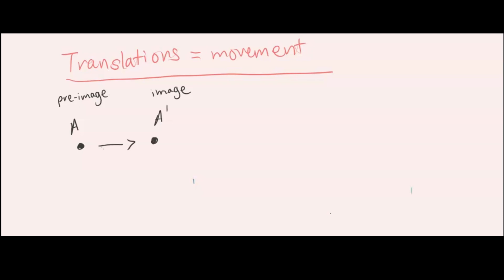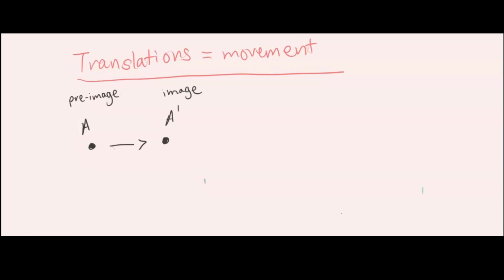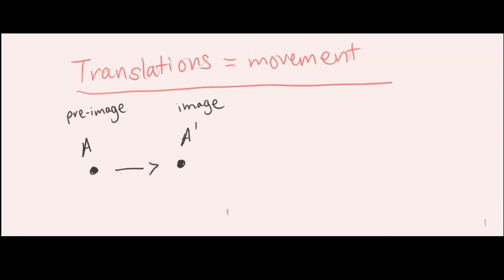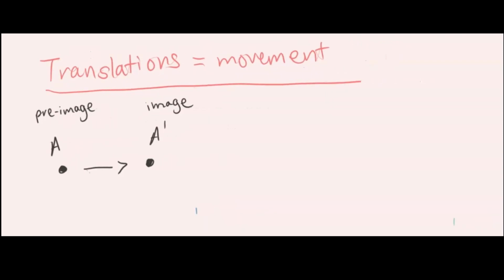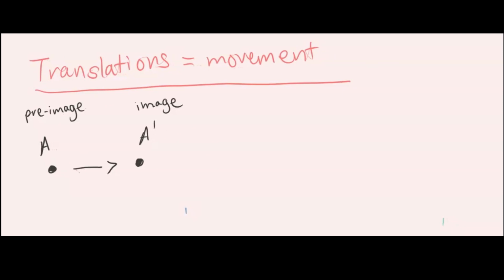So a couple things to note for this little example. We're going to go over the basic properties of translations because it's super important to know them. Basically, when you perform a translation, it's only going to move in one direction. It's a different story if you perform multiple translations.